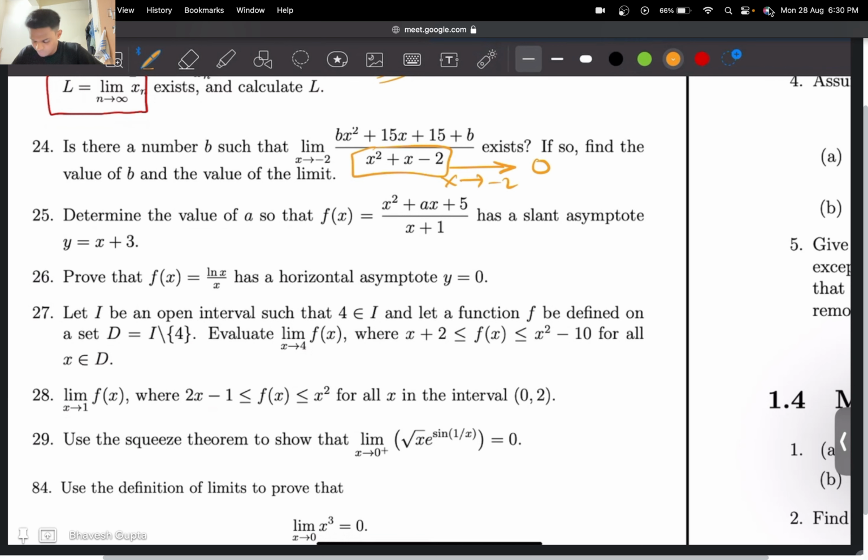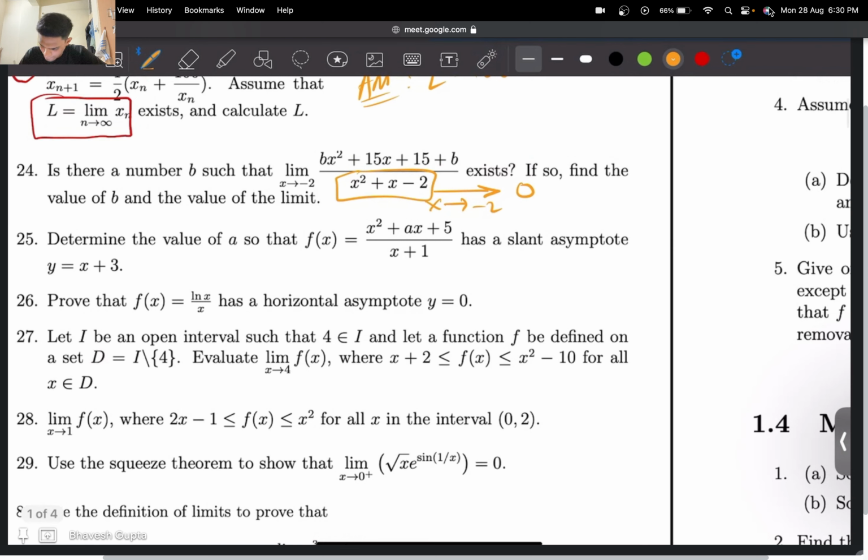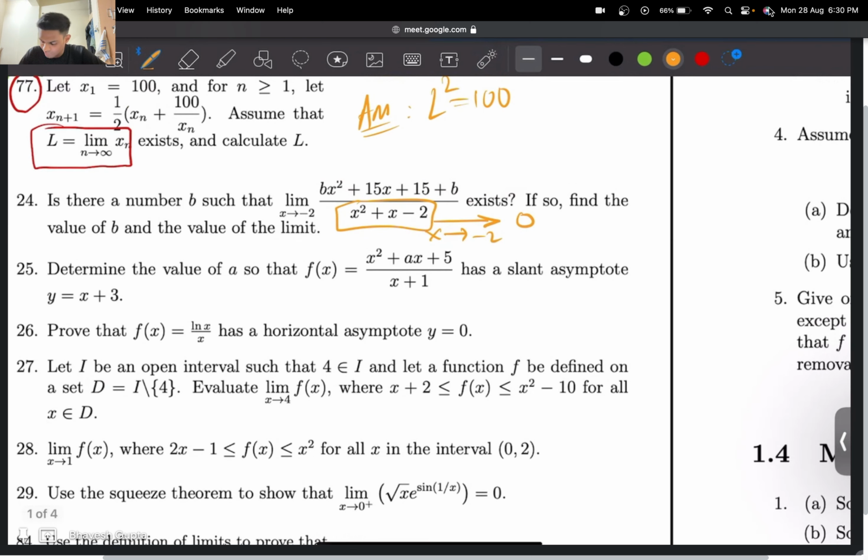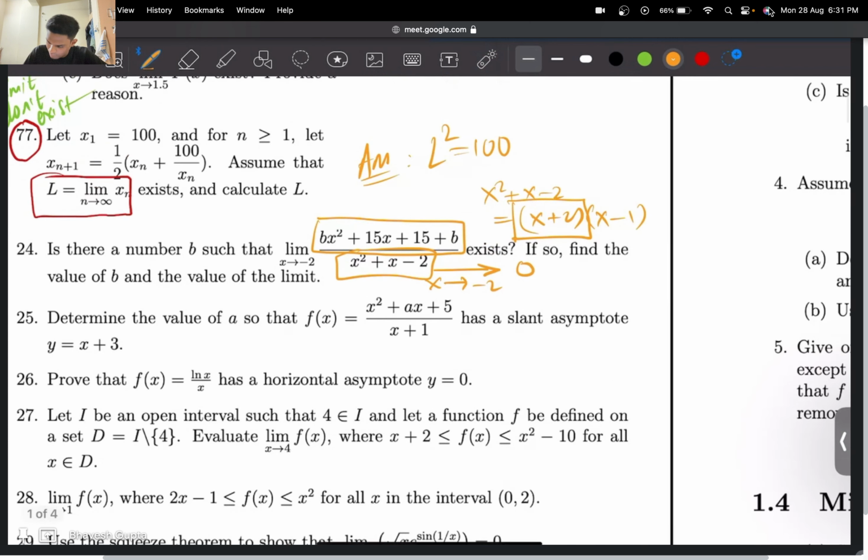So the way you can solve this problem is by doing factorization, and you can figure out that we have something called a factor. If we factorize this x square plus x minus 2, that turns out to be x plus 2 as one factor, and the other factor is just x minus 1. So you can pick your b value such that if you factor this numerator, you will get this as one of the factors.